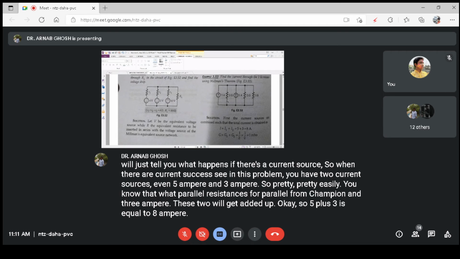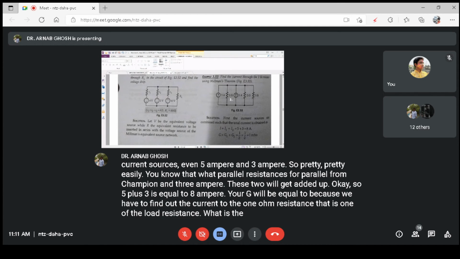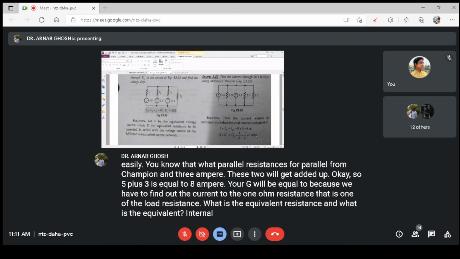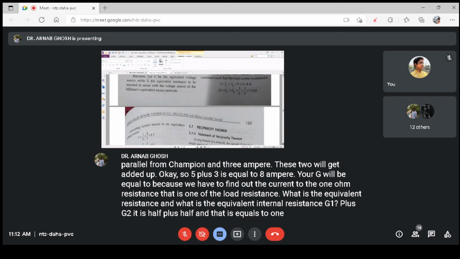Your G will be equal to, because you have to find the current through the 1 ohm resistance, the equivalent internal resistance. G1 plus G2 is half plus half, which equals 1 mho.